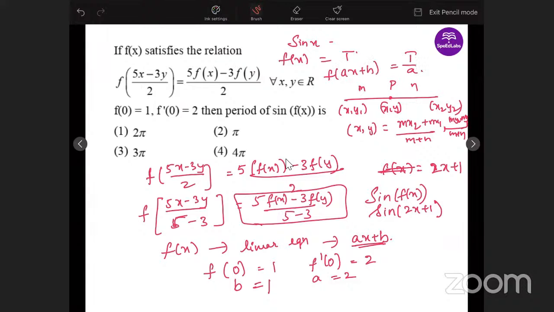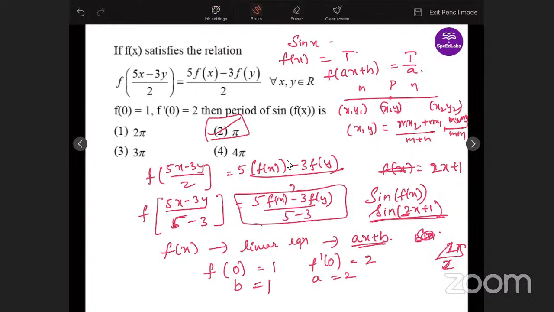T upon a, right? तो here sin 2x plus 1 है, right? तो pi आ जाए. So pi is the answer, because the period is 2 pi upon 2, so it will be just pi.